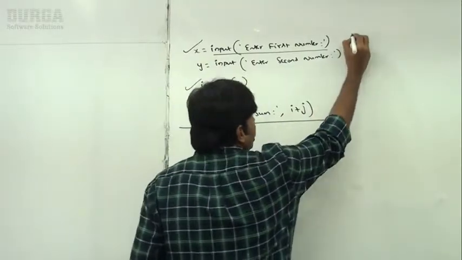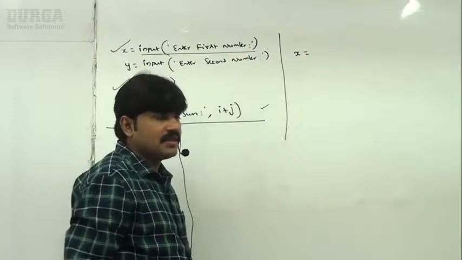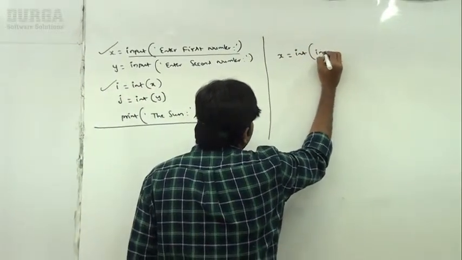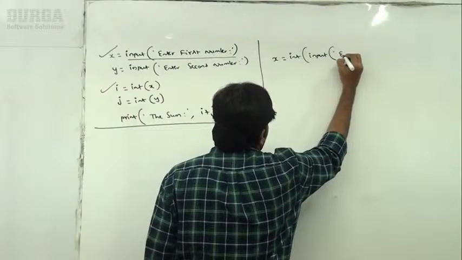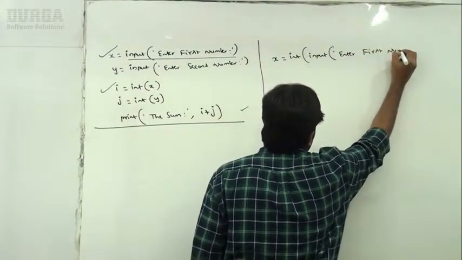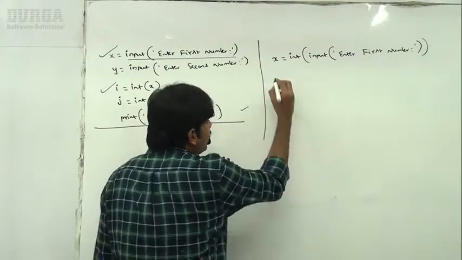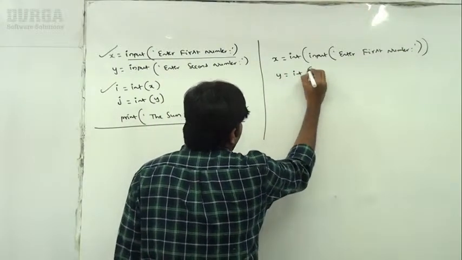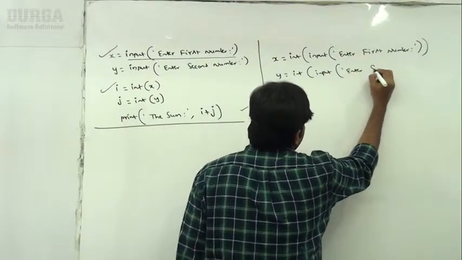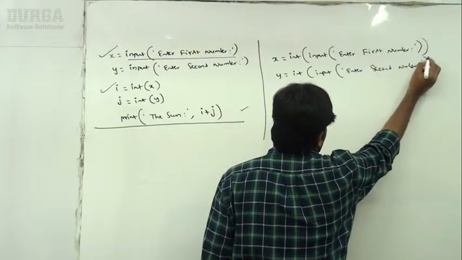Observe: x is equal to input of 'Enter first number', like this I am taking, sir. y is equal to input of 'Enter second number', like this I am taking, sir.